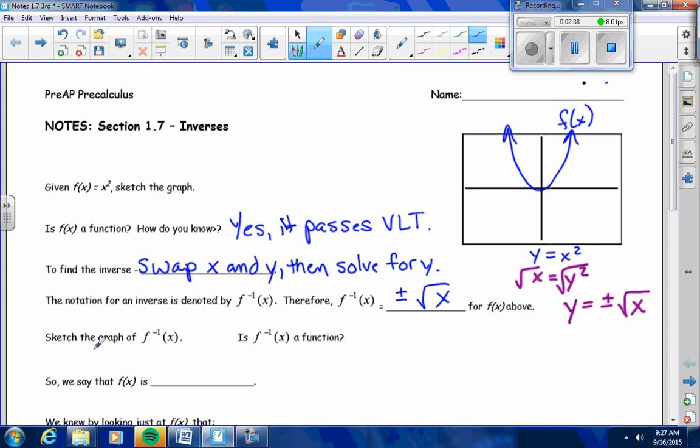So now we need to sketch the graph of f inverse of x. So the square root graph, positive square root of x, looks like that. What is negative square root of x? What does it look like? The other way down below.